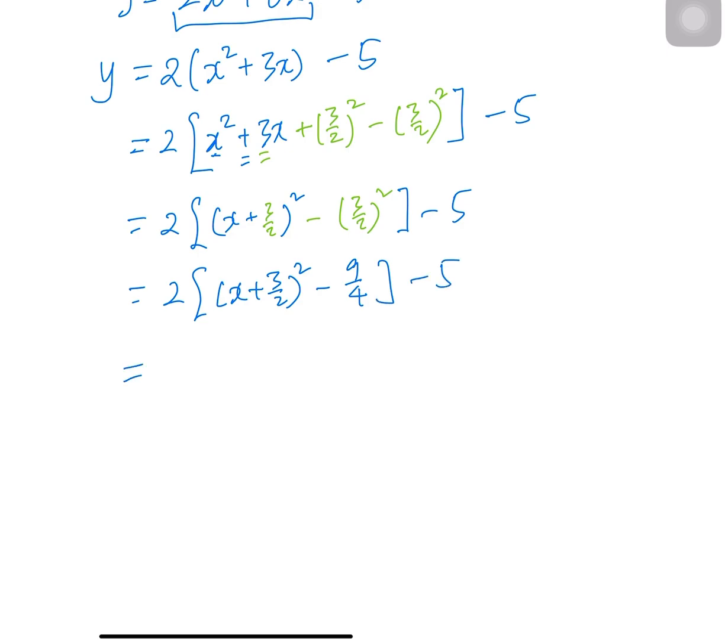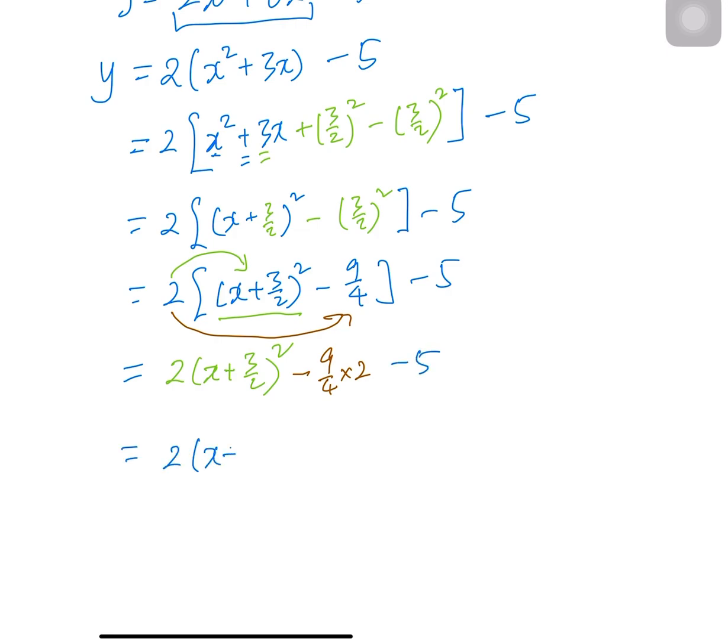It is 2 times this term itself, so it will give me 2 times x plus 3 over 2, squared. After that, this times this one, so it will give me minus 9 over 4 times 2, minus 5.